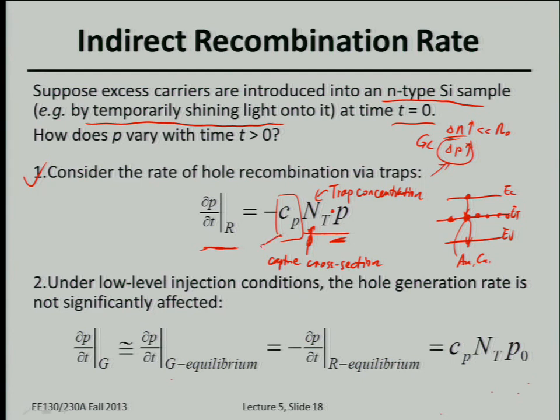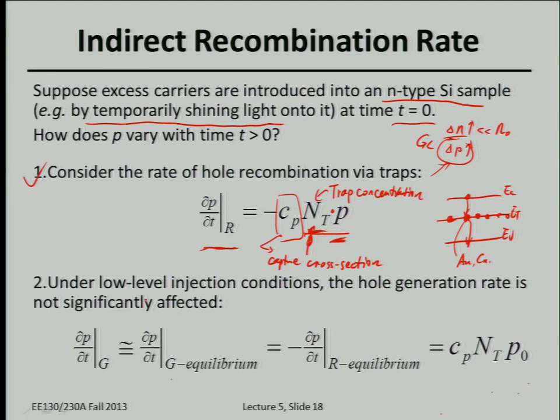So this coefficient tries to benchmark and evaluate the properties of those dopants. It tells how reactive those trap centers are at a given density of those traps. Okay.